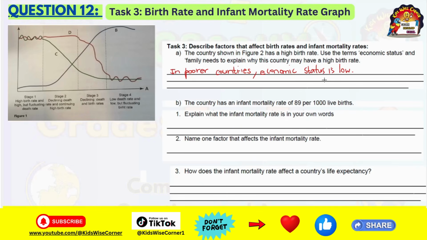So families need many children to help with work and to care for parents in old age.